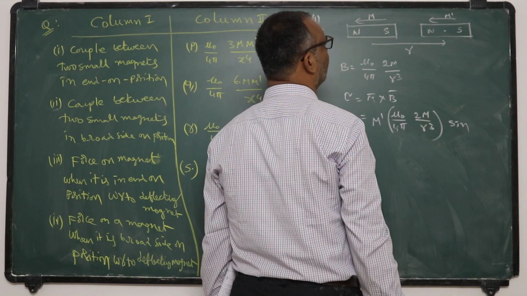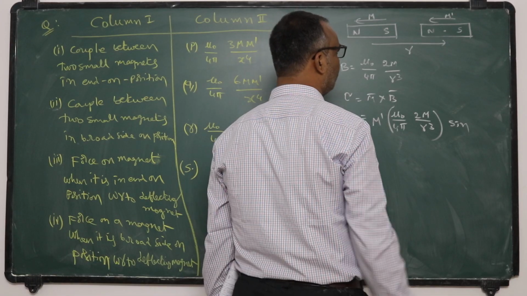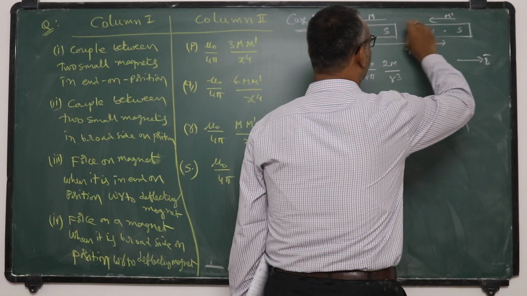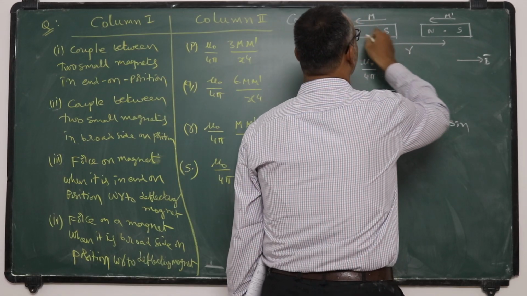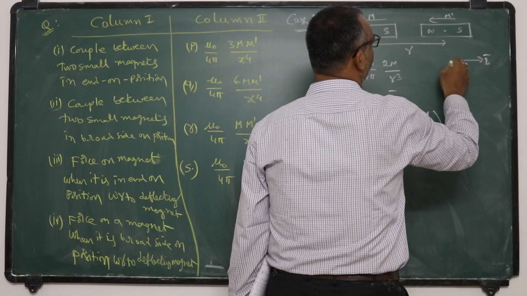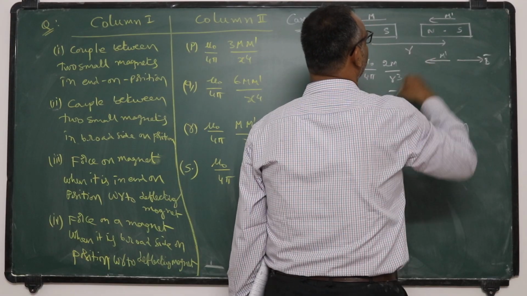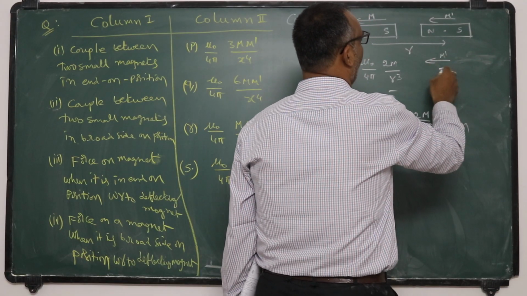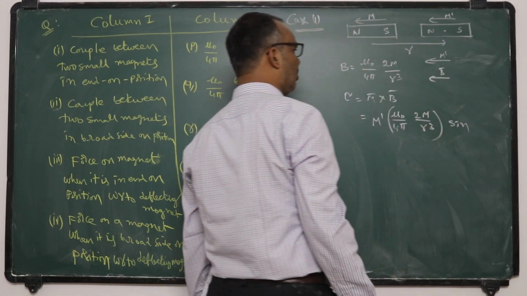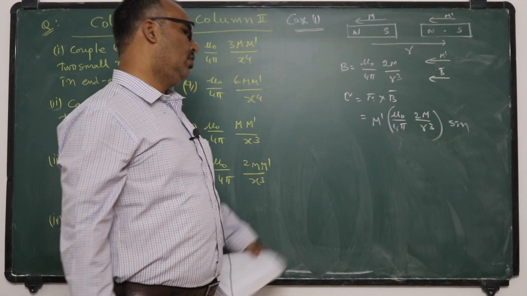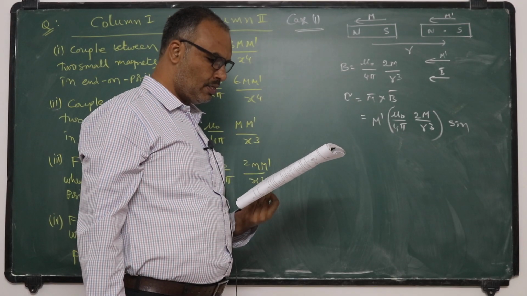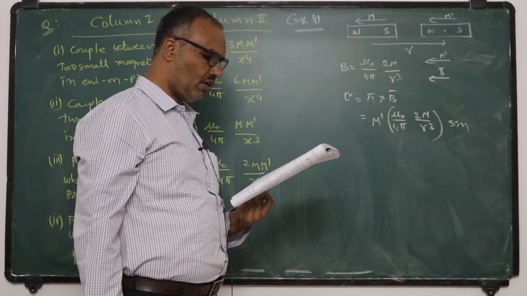M dash is like this, B bar is like this, then what is the couple acting on them?